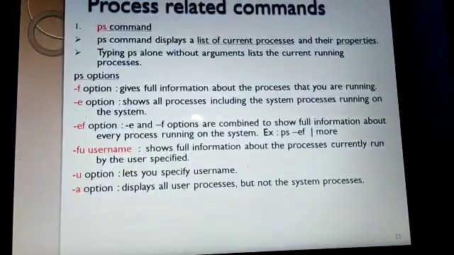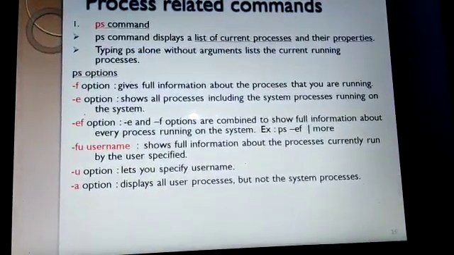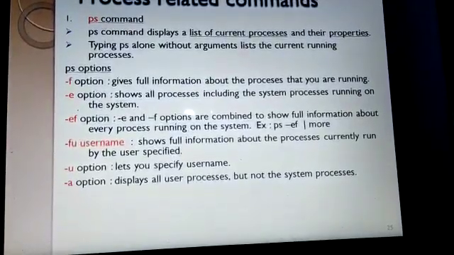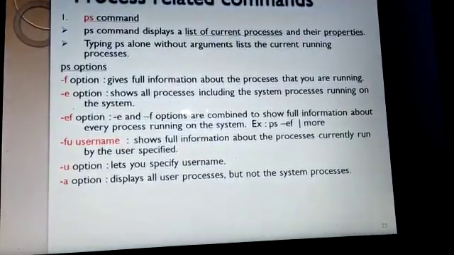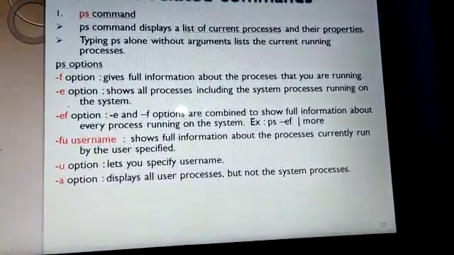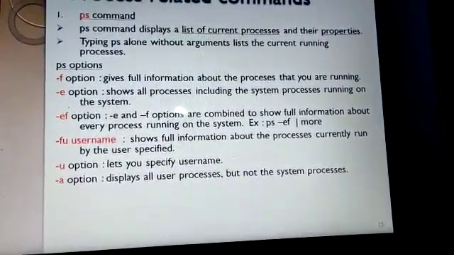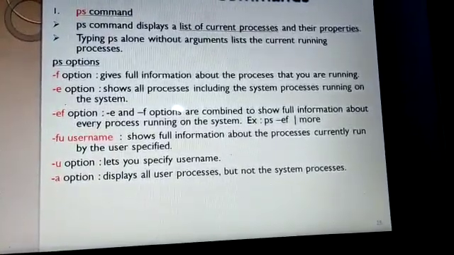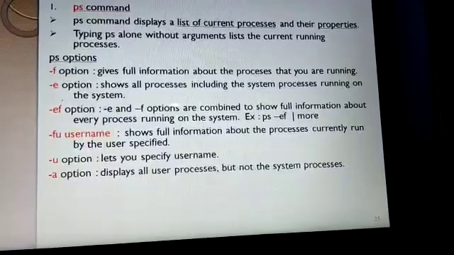-fu space username. When you give this option, see how you are going to give it: ps space -fu space, then whichever user's information you need. So that user you have to give. When you give that, it shows information about the processes currently run by the user specified.